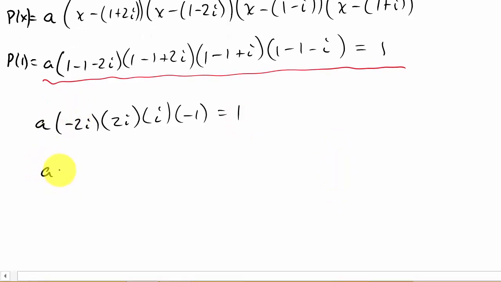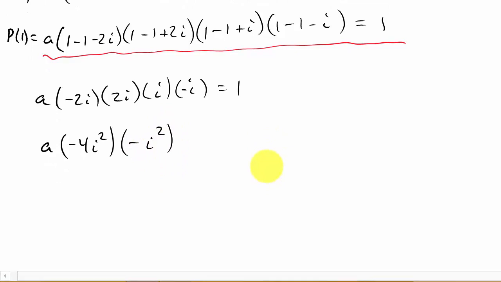So now I have a times negative 2i times 2i times i times negative i, which equals 1. That's negative 4i squared times negative i squared, and what's i squared?